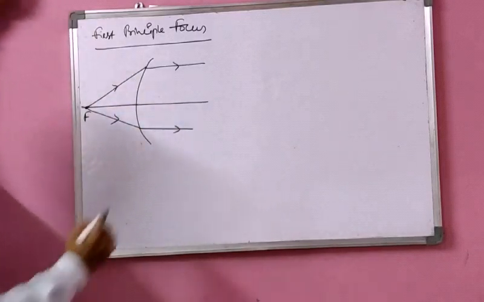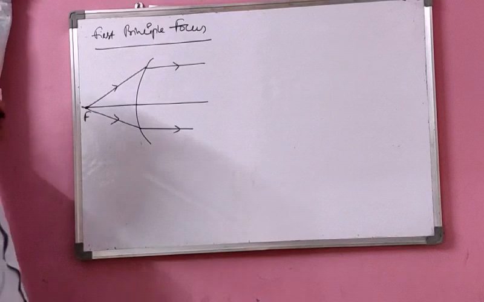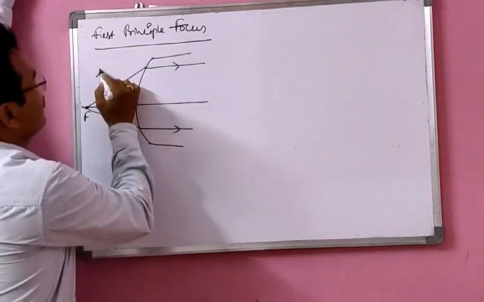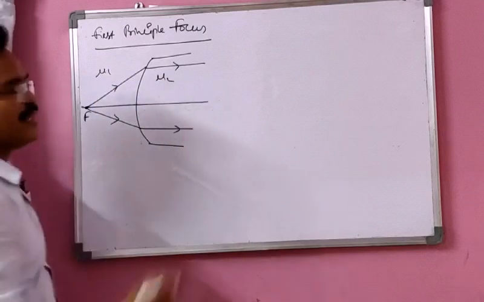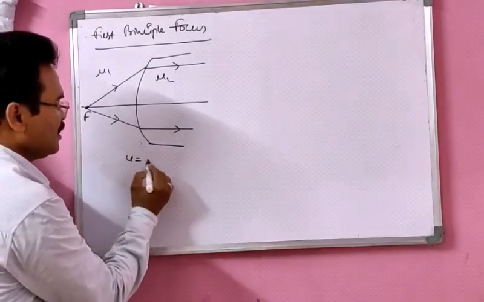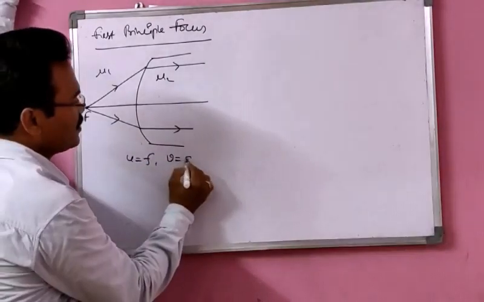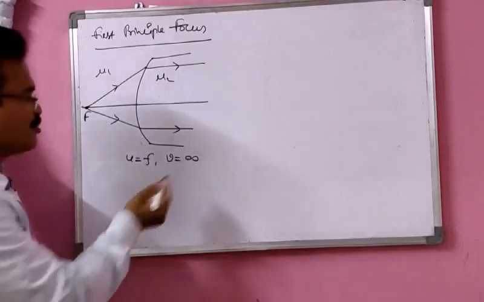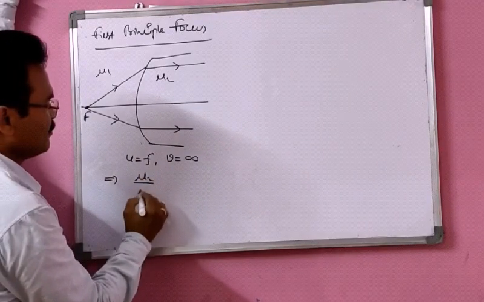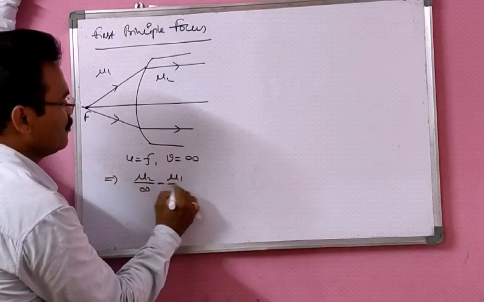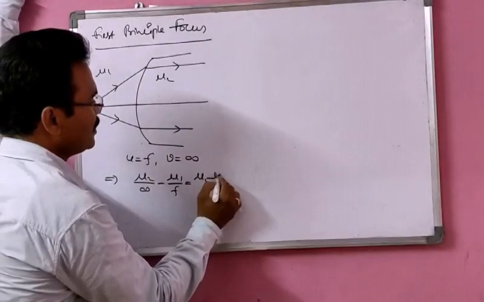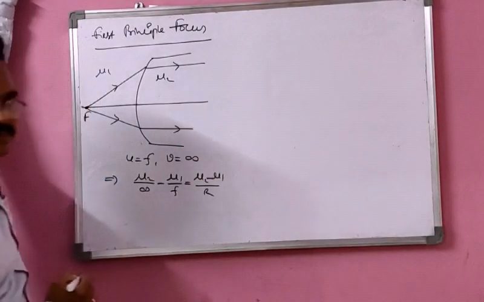See here. If the object is placed at the focus, the rays after refraction will become what here? They are going to be parallel to the principal axis, meaning the image will be formed at infinity. Means if u equal to f, v becomes infinity. Substitute this value, what am I going to get? mu2 by infinity minus mu1 by f equal to (mu2 minus mu1) by r.